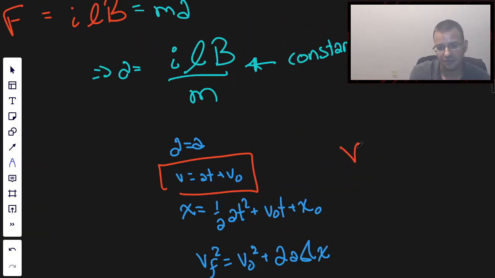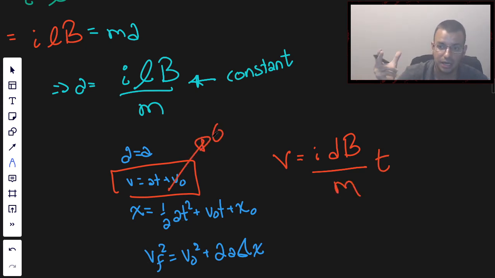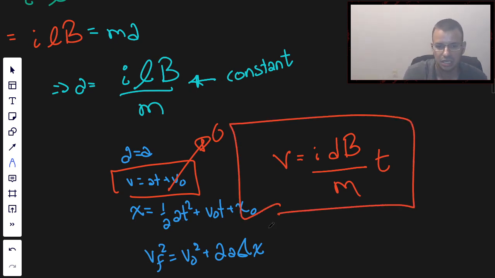Velocity without a little vector arrow, meaning velocity without concern for the direction, i.e. speed, is going to be the acceleration, ILB, which I'm going to write the L as d because they tell us the distance between the rails is d, which in this case is the same as L, over mass, times t. And then v naught goes to 0 because they tell us the initial velocity is 0.